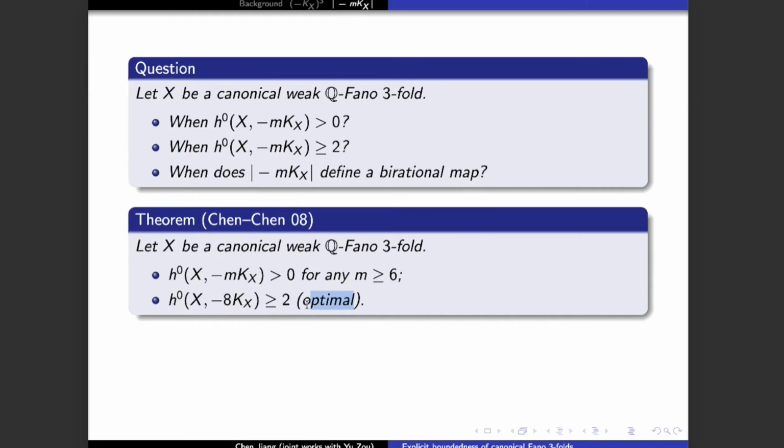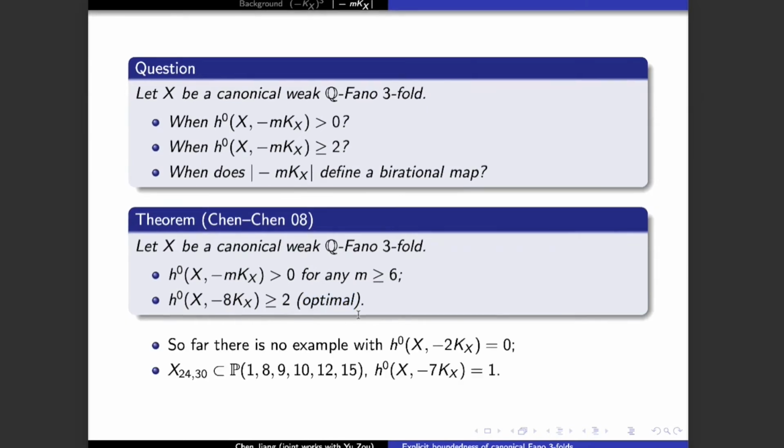And this result is optimal. So we know for example this example, this is in the Iano-Fletcher's list. So it's a complete intersection in a weighted projective space. And in this example, h0 of minus 7K_X is 1. So that means you need at least 8K_X to have 2 linearly independent sections.